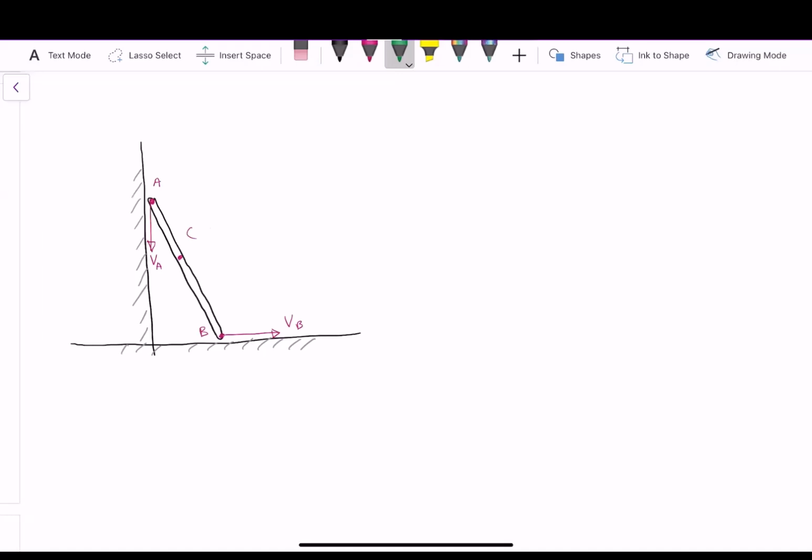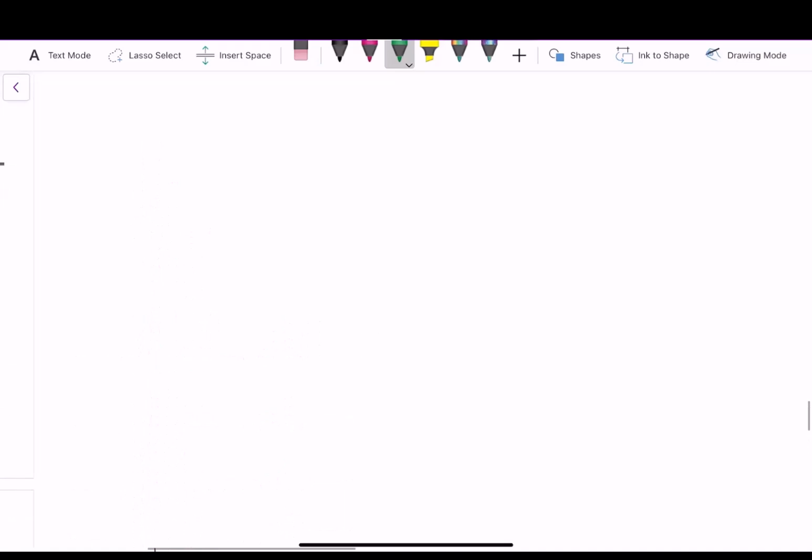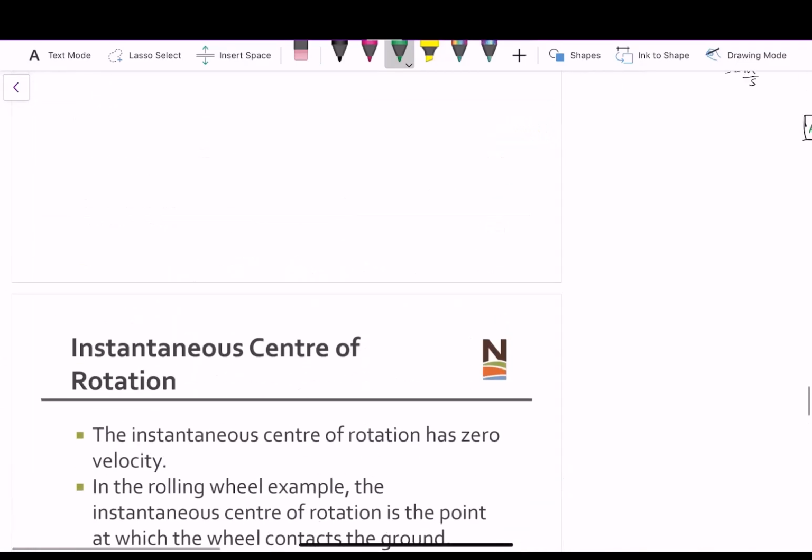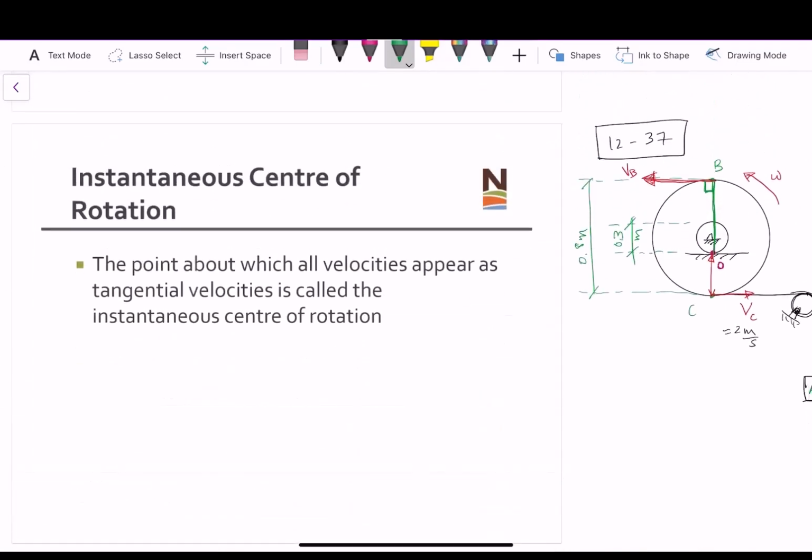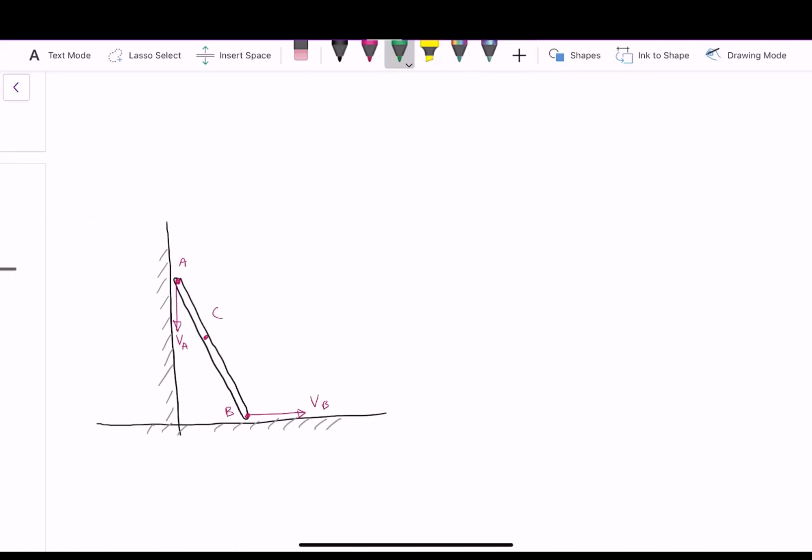So one important point about instantaneous centers, we'll just go up to the first slide here, is that this is a point about which all velocities appear as tangential velocities. And so that means that if we were to draw out lines that are tangent to the known velocities, so in this case that's velocity A and velocity B, we should be able to find this instantaneous center.